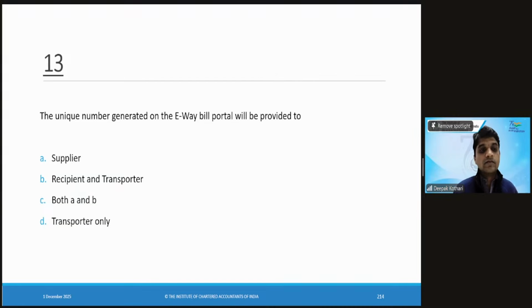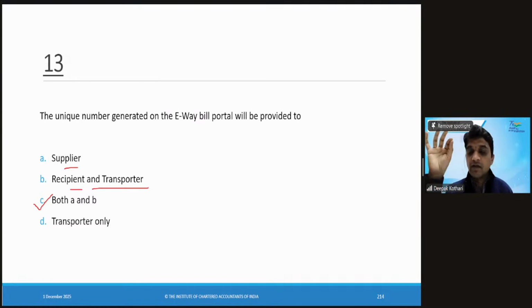C. Correct. It will be provided to the supplier, recipient, and transporter. Everybody will get the e-way bill details because you will mention the GST of the supplier, recipient, and definitely the transporter. All the three will get it, right?